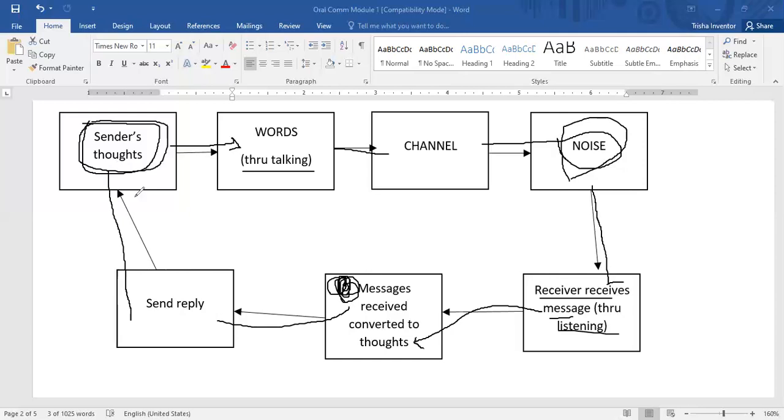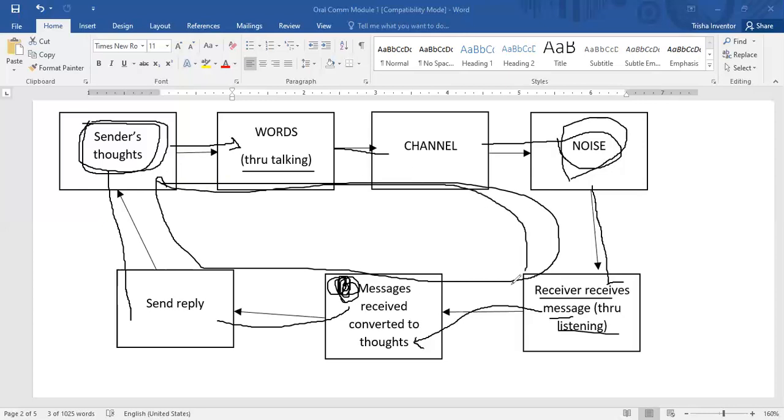So as you can see, the process of communication is just balik-balik. The cycle is just repeating. That's why it's a cycle. So as long as the sender and the receiver are talking with each other, then this cycle will always repeat. Okay?